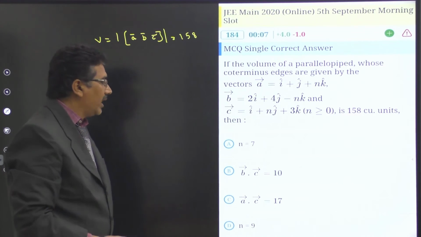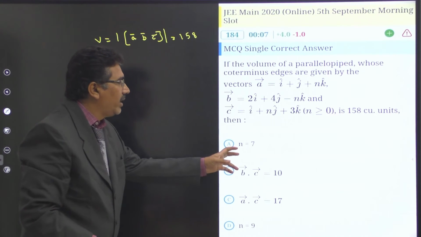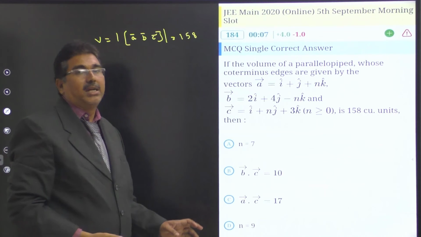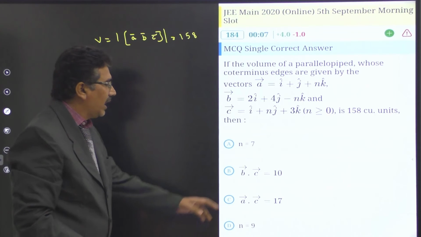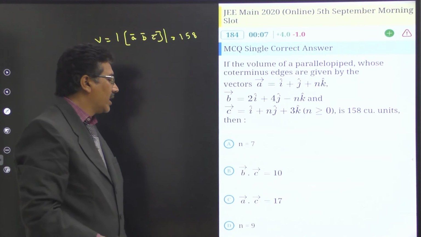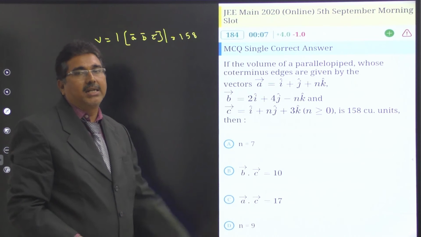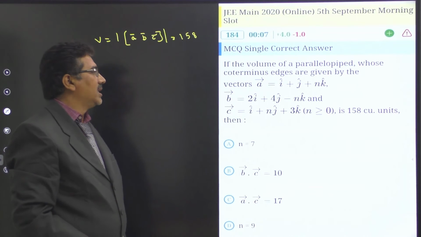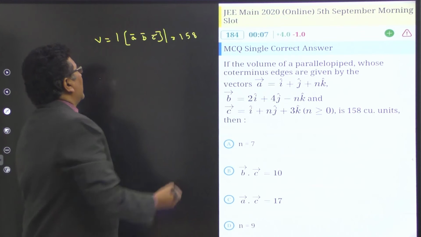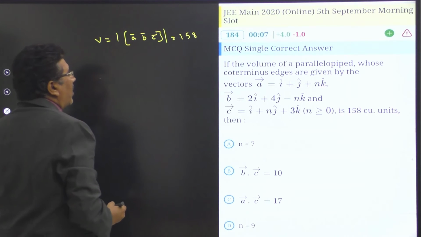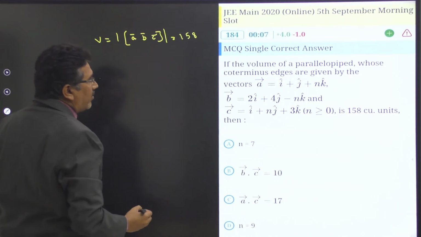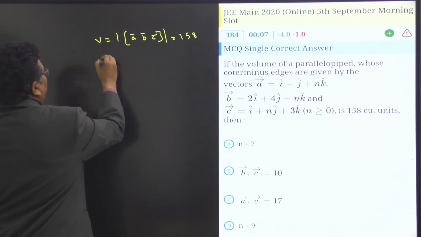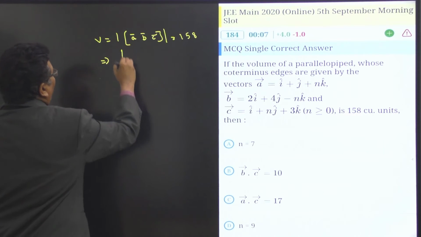If n is equal to 7 or n is equal to 9, the problem is over. Otherwise, calculate b bar dot c bar and a bar dot c bar. Now, the modulus of the box product of a bar, b bar, c bar means the determinant of the components.